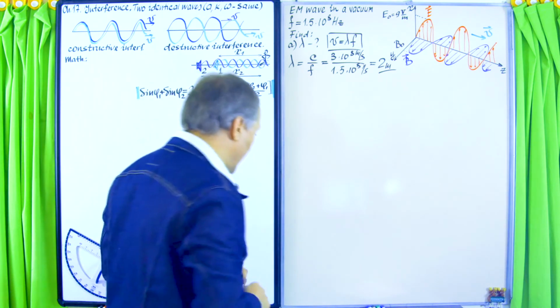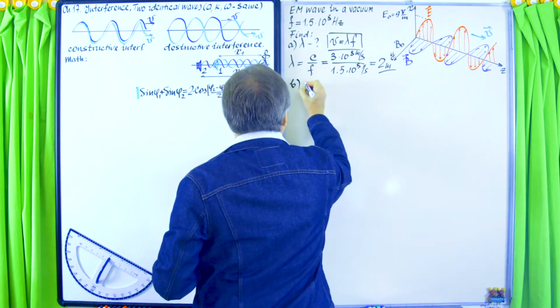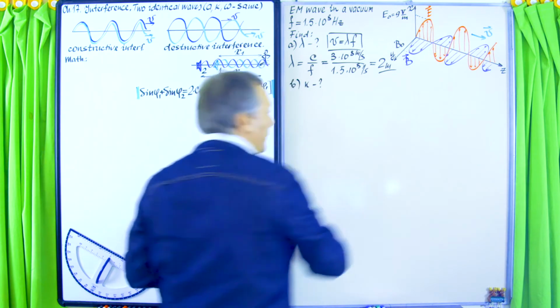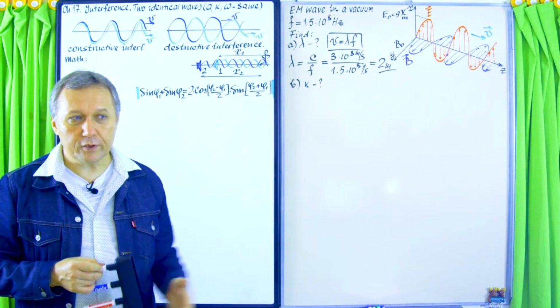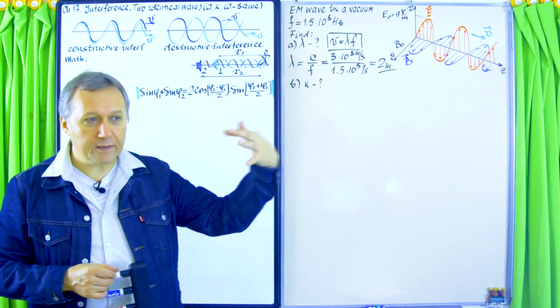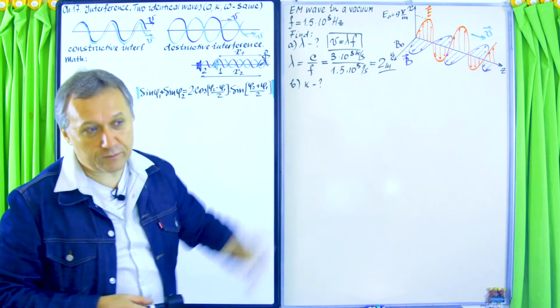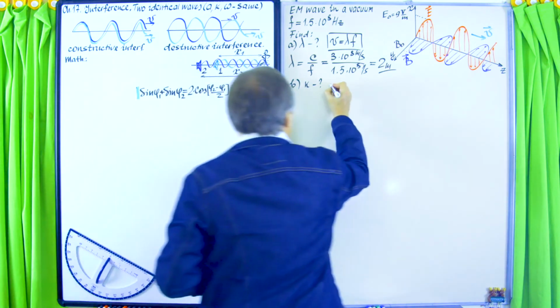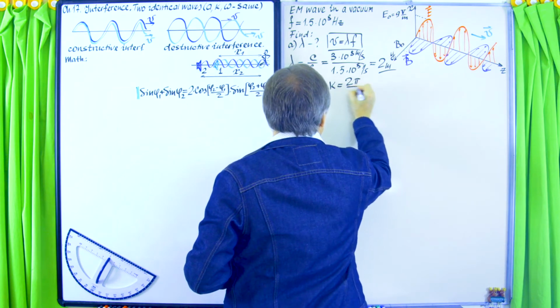Okay, so then part B, we need to find the wave number, k. You remember yesterday we introduced it. Just recall the definition: it's 2 pi divided by spatial periodicity, and spatial periodicity, the wavelength, we just found. So k, by definition, is 2 pi divided by lambda.